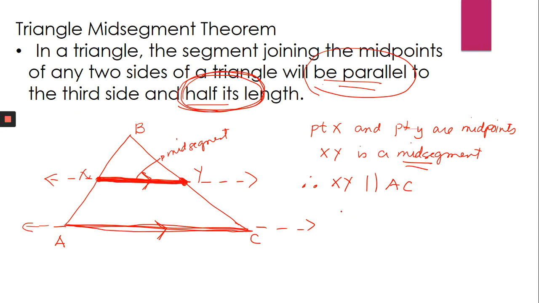So I can say that XY is equal to 1/2 of AC. Okay, so I can say that if AC measures 10 units and XY is the mid-segment of this triangle, which is parallel to AC, therefore XY is half of 10. What is half of 10? That is 5 units.